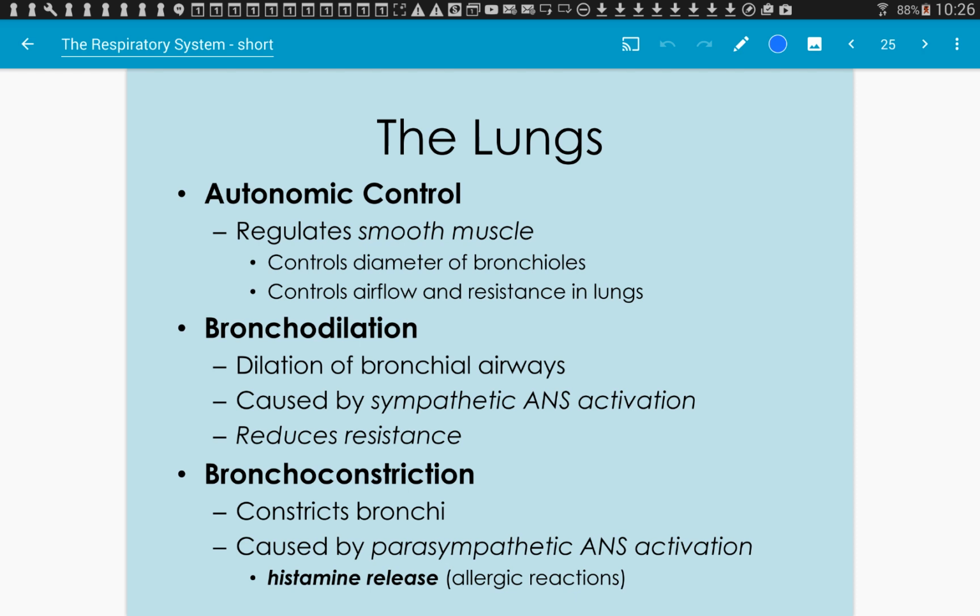So the phrenic nerve, for example, innervates the diaphragm and tells it to contract and relax when you're not thinking about breathing. Okay, so within the lungs, we have autonomic control, which means that's without our effort, it just happens.